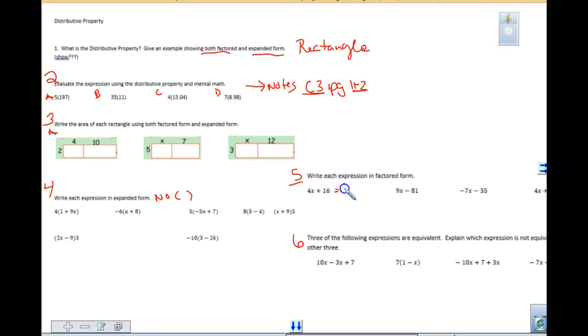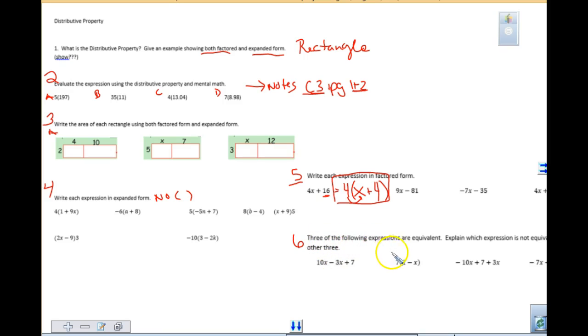The biggest thing they have in common is 4. Then put a parenthesis. What would I have to take times 4 to get 4x? Just x. What do I have to take times 4 to get a plus 16? So this is what they mean by factored form. That's what you're doing for each of those questions going across.